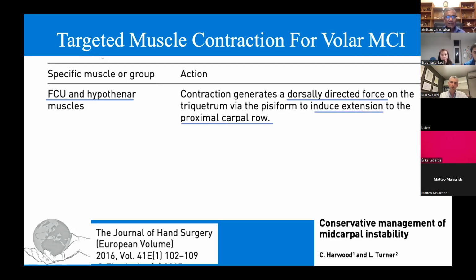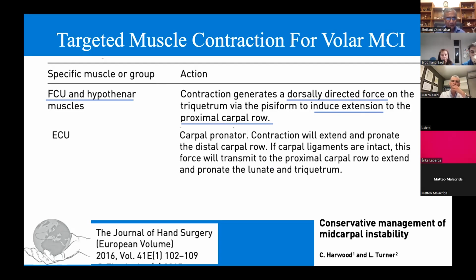So the special activation of the targeted muscle, flexor carpi ulnaris, helps in dorsally directed forces, which induces extension of the proximal carpal row and does not allow it to remain in a VISI position.